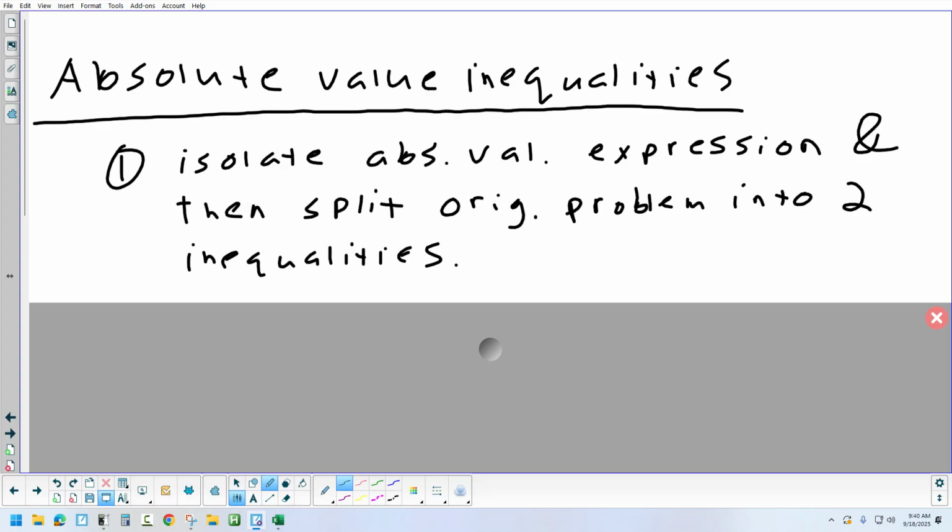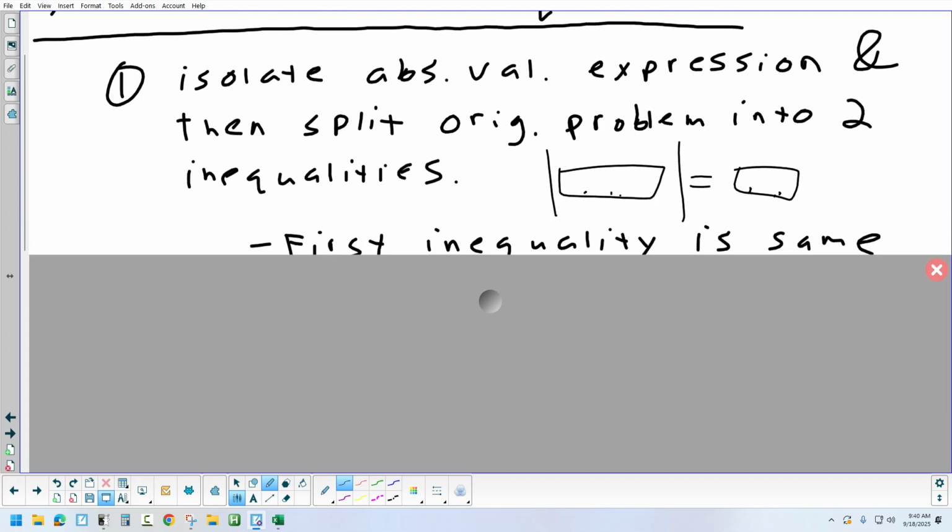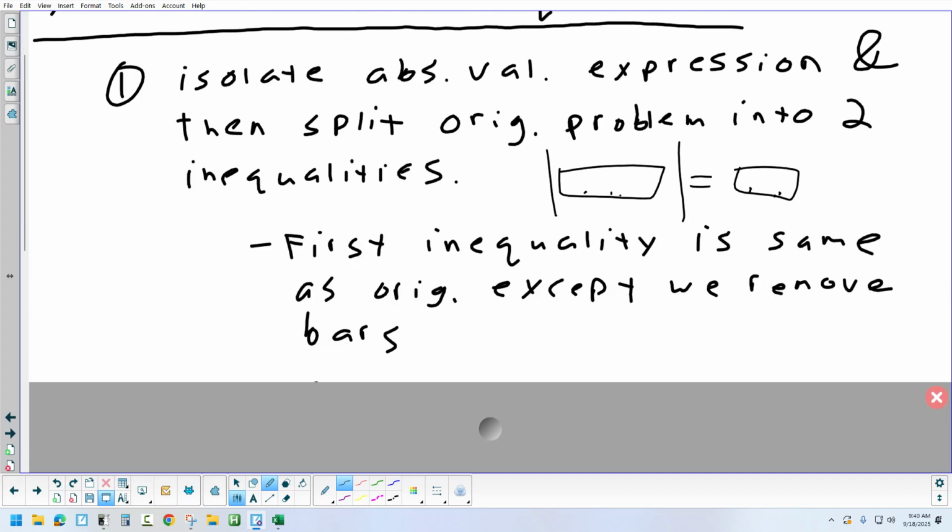Now yesterday, we split it into, if we had this box here, equals another box, we said what was in this box could equal that number, or what was in this box could equal the opposite of that number. Okay? Either one worked. And today, it's pretty similar. So the first inequality is basically the exact inequality I give you, but without the absolute value bars.